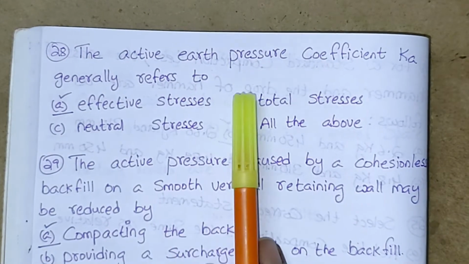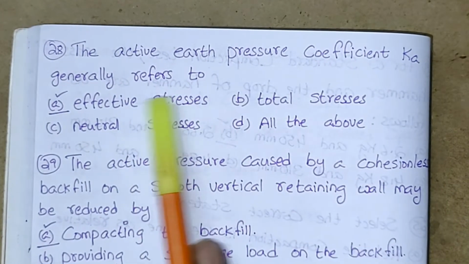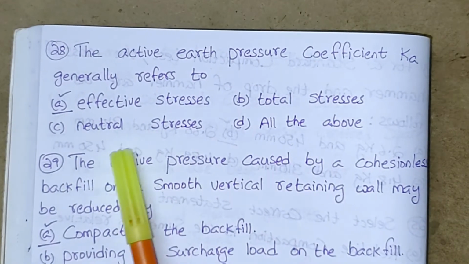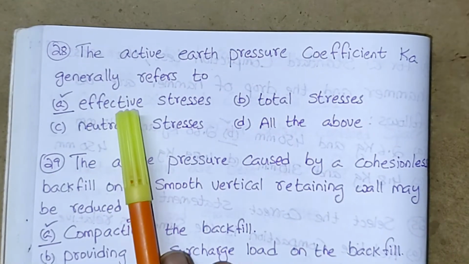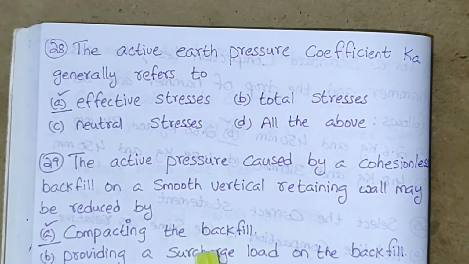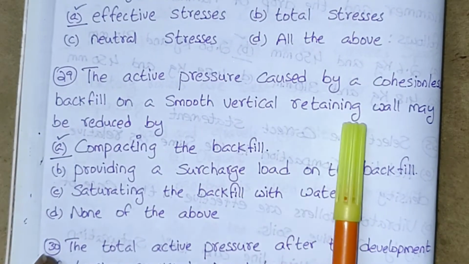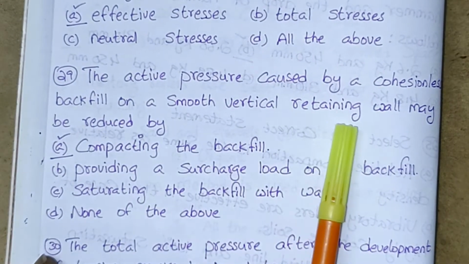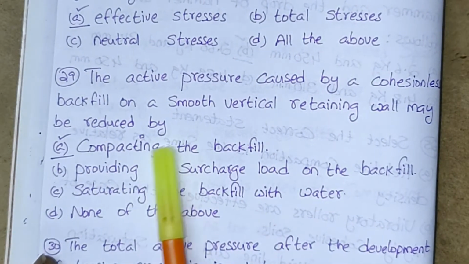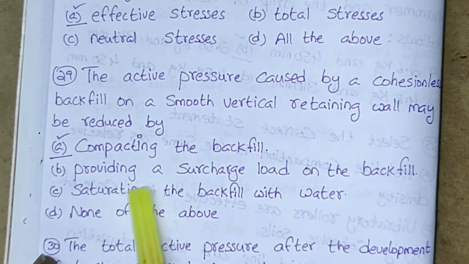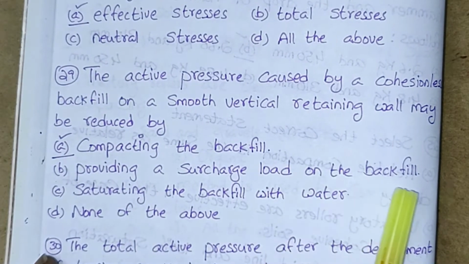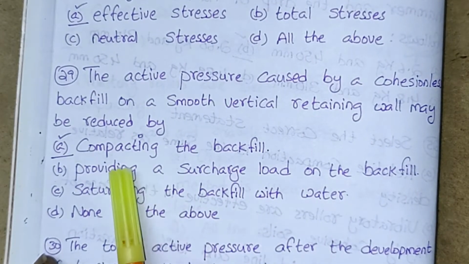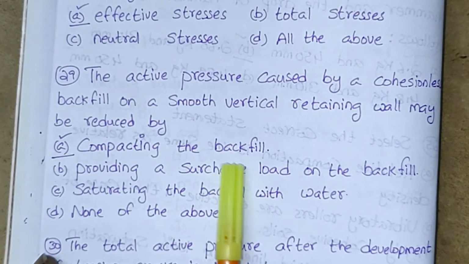The active earth pressure coefficient Ka generally refers to effective stresses, total stresses, neutral stresses, all of the above. So the correct answer is effective stresses. The active pressure caused by a cohesionless backfill on a smooth vertical retaining wall may be reduced by compacting the backfill, providing a surcharge load on the backfill, saturating the backfill with water, none of the above. So the correct answer is compacting the backfill.